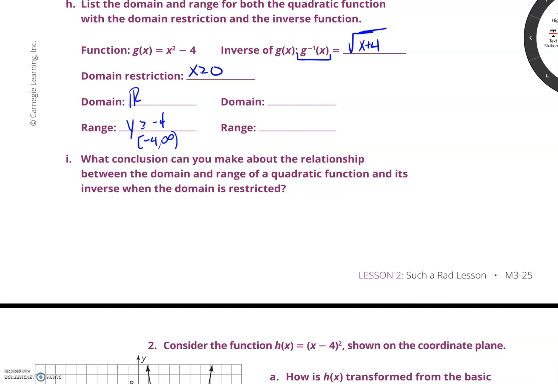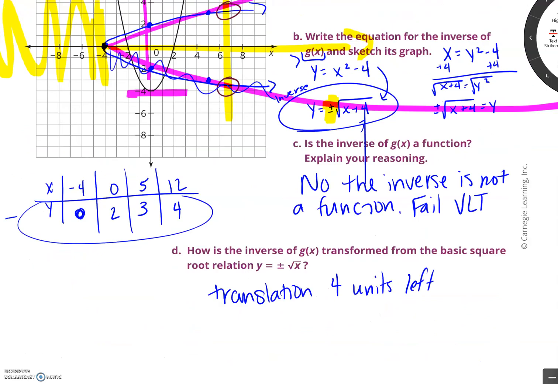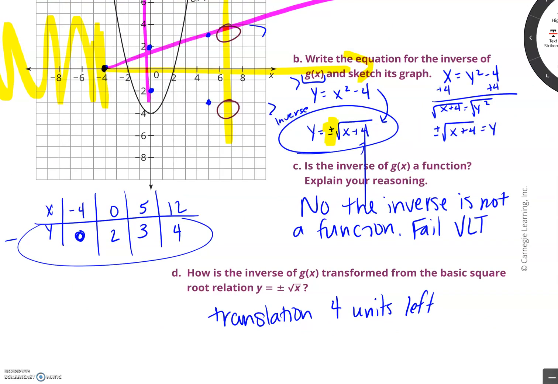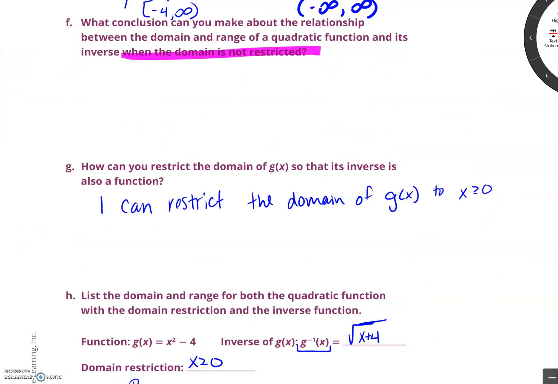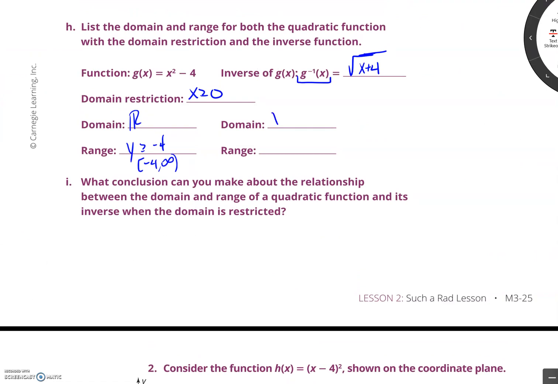So with the domain restriction, our inverse function will no longer have this bottom part. So it'll just be there. Our domain still is going to exist from -4 on, or in interval notation, like that.